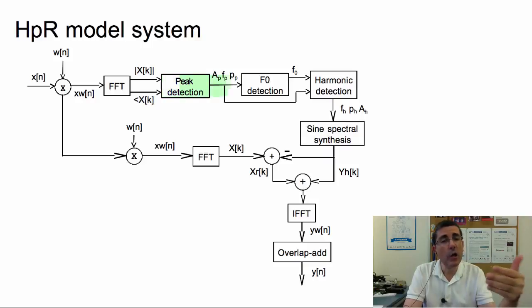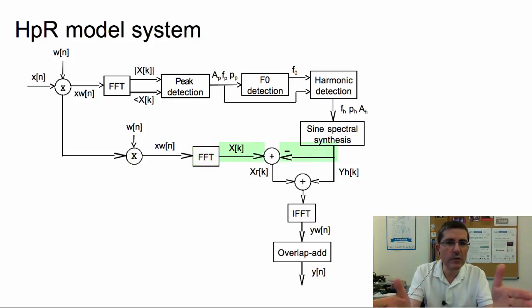Out of those peaks, we find the fundamental frequency, and once we have this fundamental frequency, we can identify the harmonics of that sound, and we can synthesize those harmonics with the Blackman-Harris window. Okay, so we have another spectrum, YH, that can be subtracted from the original signal, but in order to do that, we need to recompute another spectrum of the original signal with a window and a size that is comparable with the size that we use in the synthesis.